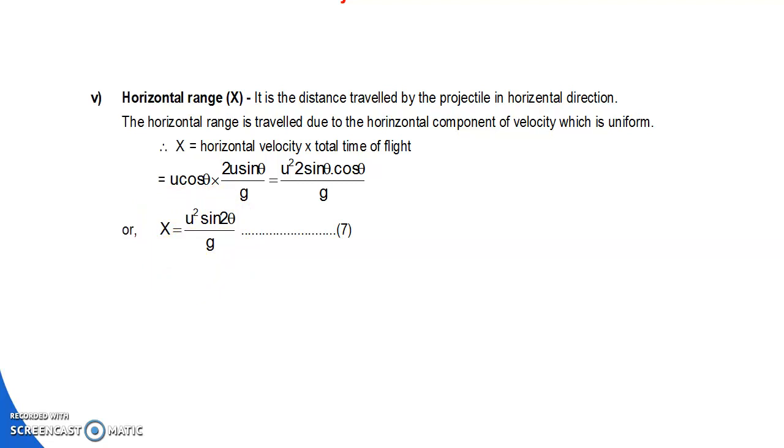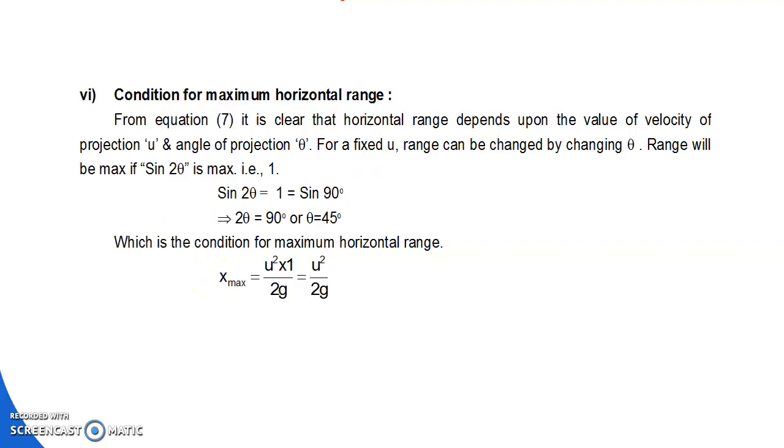what is the maximum horizontal range? What is the condition for maximum horizontal range? At what angle do we have to throw the projectile so that we can find the maximum horizontal range, so that horizontally we cover maximum distance?